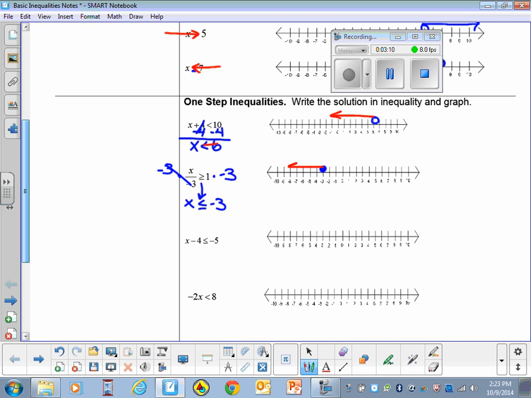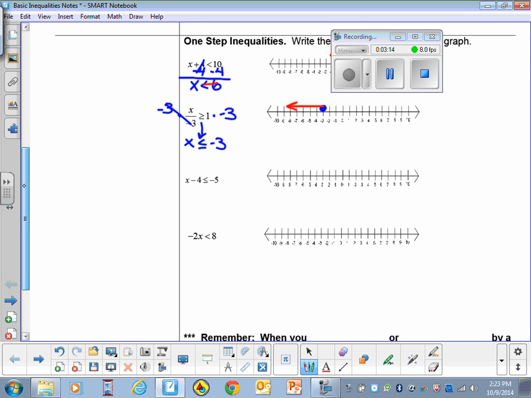And I'm being pointed down for less than. Look at the next one. I need to add 4 to both sides. X is less than or equal to -1. So a closed dot at -1, and my arrow is pointing me down.